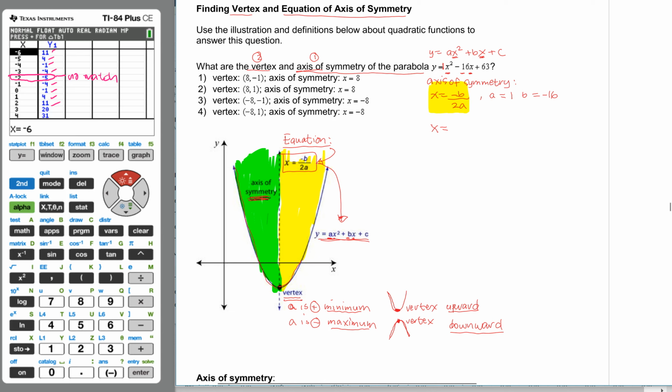Okay, so let's plug in now the values. We have here negative, then we have b value is negative 16. Be careful with this one because you have a double negative. Then you have 2 times the value of a is 1. So we have now x equals, do that in the calculator.